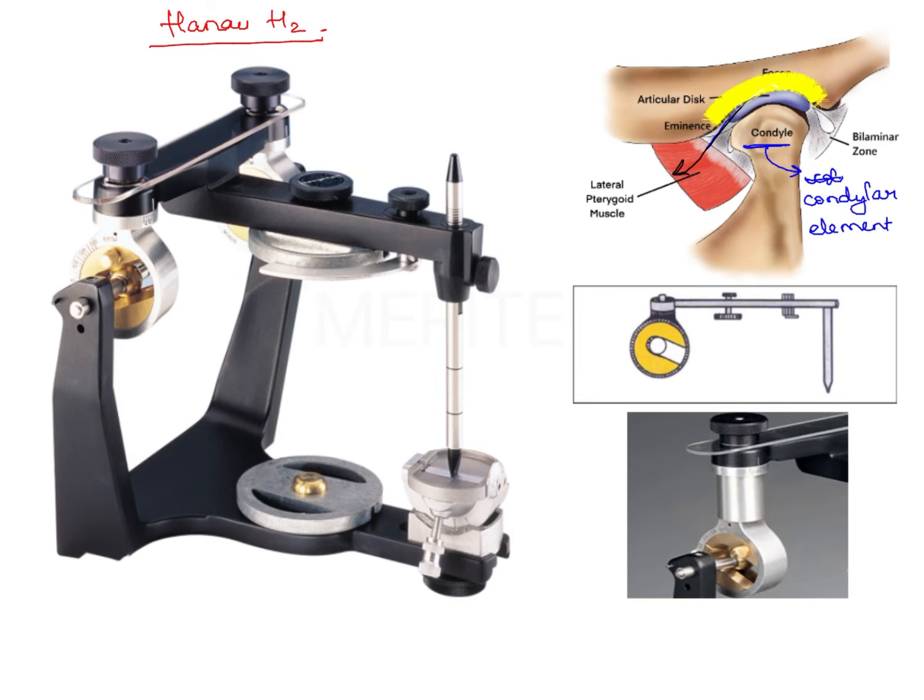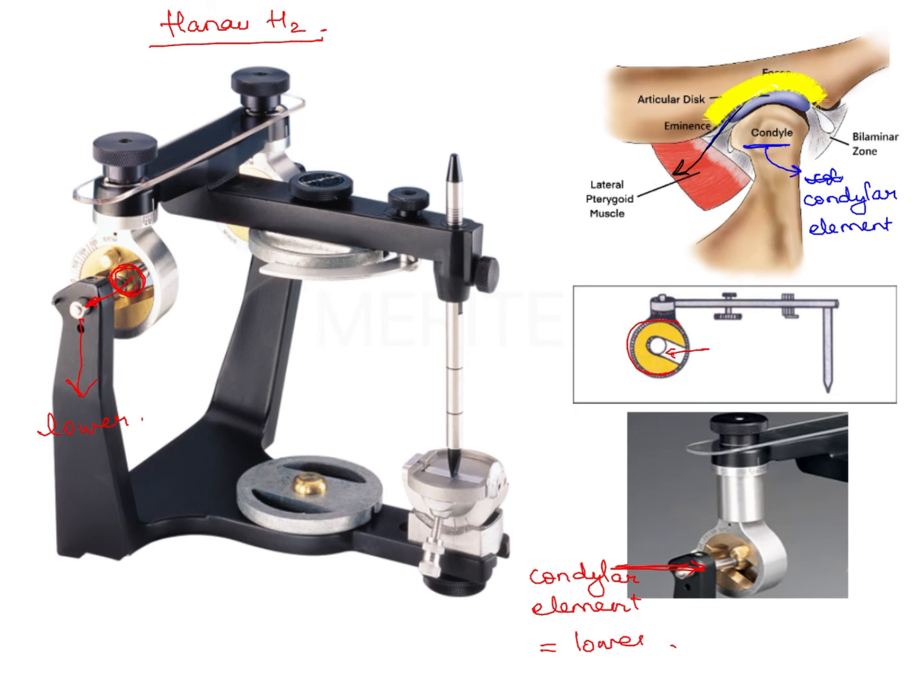This is the condylar element. Can you see it is attached to the lower member of the articulator? This spherical ball over here is attached to this pin and attached to the lower. And then there is this track.